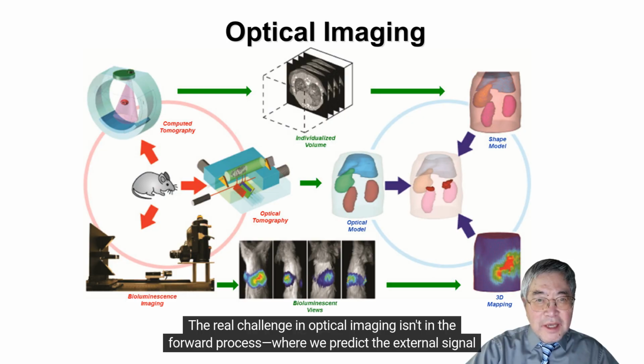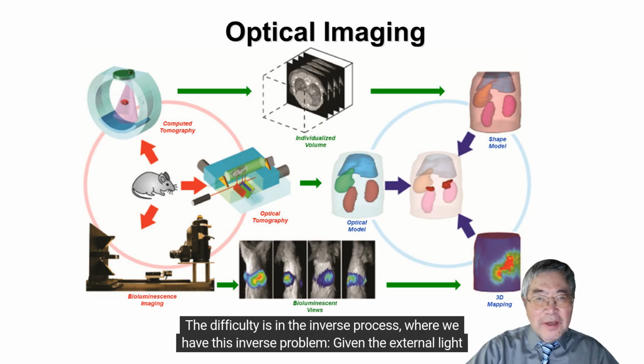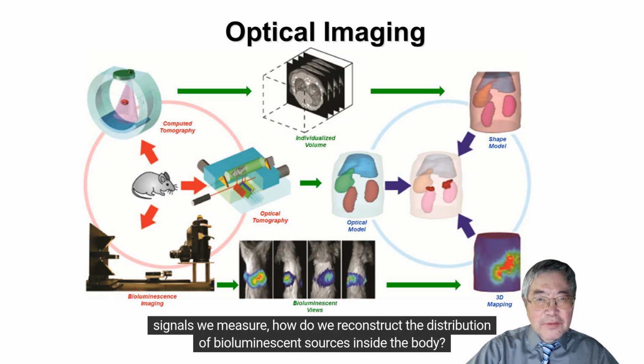The real challenge in optical imaging isn't in the forward process, where we predict the external signal based on the known internal structures. The difficulty is in the inverse process, where we have this inverse problem. Given the external light signals we measure, how do we reconstruct the distribution of bioluminescent sources inside the body?